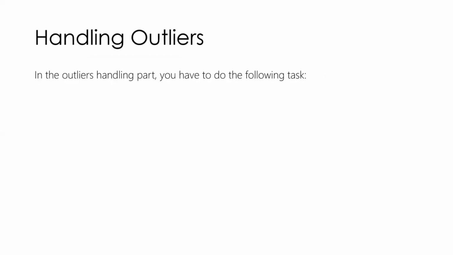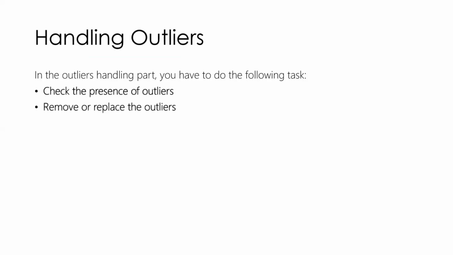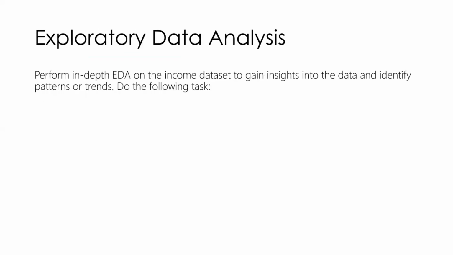Next, in the part of handling outliers, you have to do the following tasks. Check the presence of outliers at first, and then you have to determine whether you have to remove or replace the outliers. And next, in the exploratory data analysis, you have to perform in-depth EDA on the income dataset to gain insights into the data and identify patterns or trends.